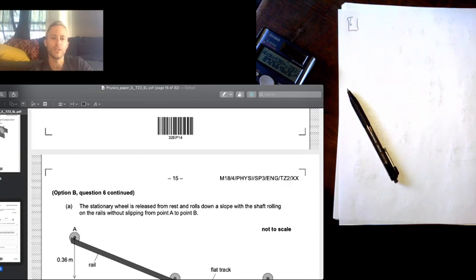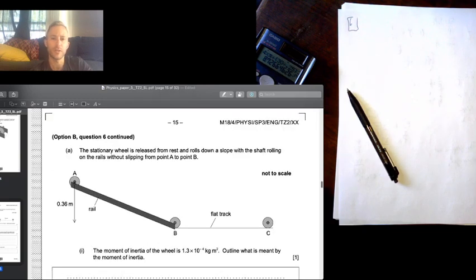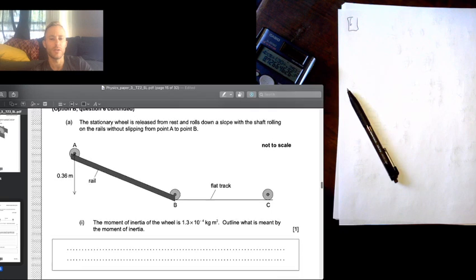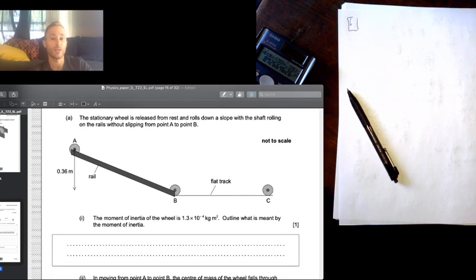The stationary wheel is released from rest and rolls down the slope, with the shaft rolling on the rails without slipping from A to B. The moment of inertia of the wheel is given. Outline what is meant by rotational inertia.